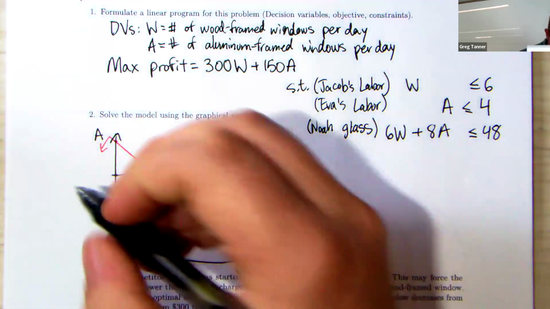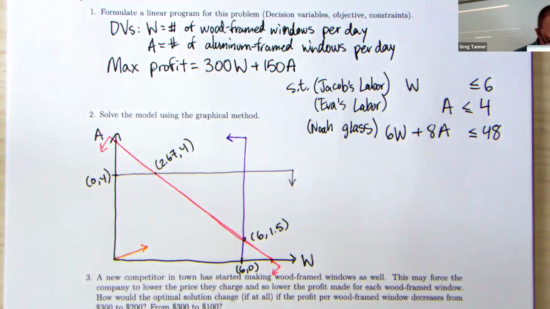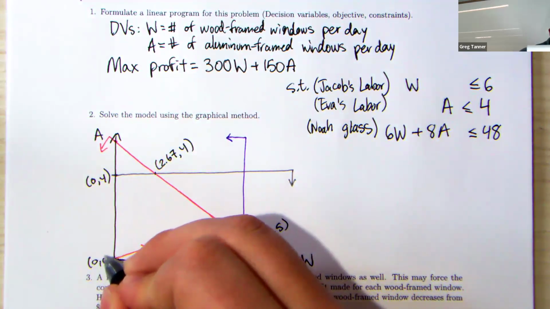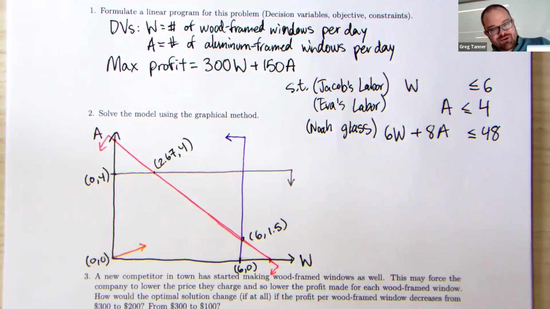And then here we've got 0, 4. And can't forget that we also have 0, 0. In most of these maximization problems, 0, 0 is never the actual choice, but it will be a starting point for us later when we start talking about the simplex method. So those are all my corner points.